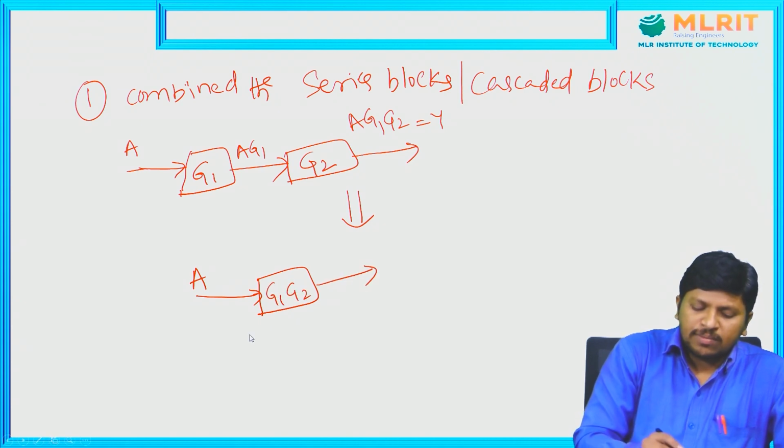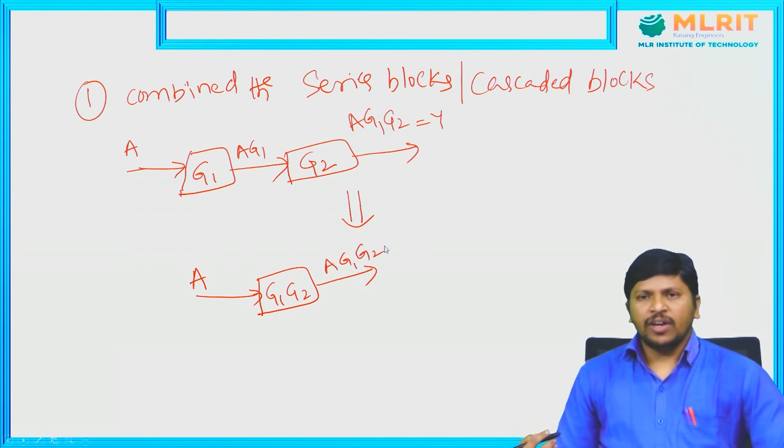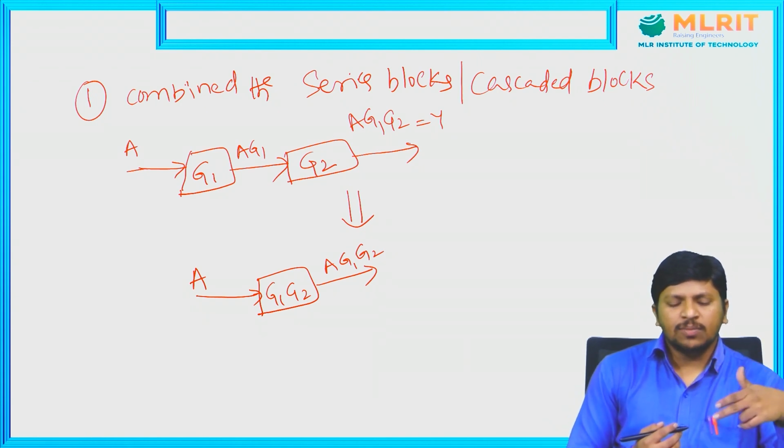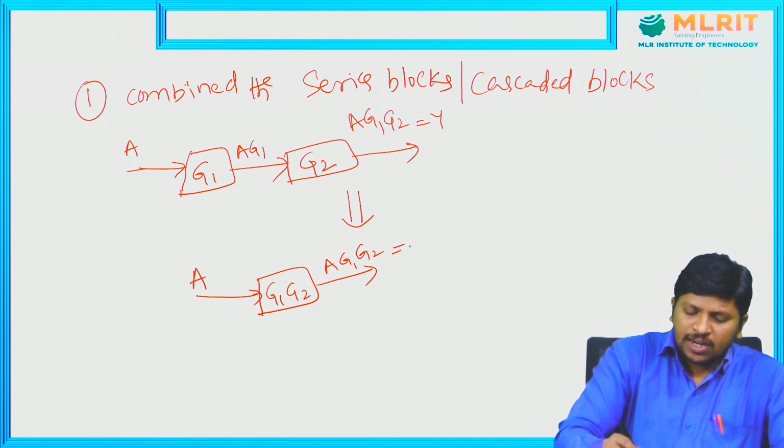The output of this signal is the same, AG1G2. There is no change. When we write the two series blocks as a single block, the gains of the two series blocks are multiplied into a single block. Here, a single block, and the same output here also.